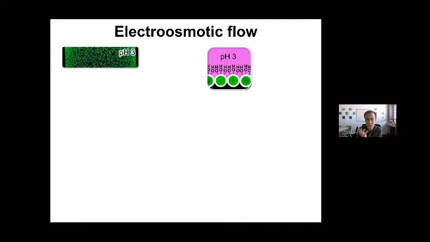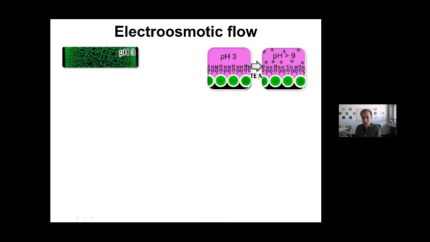So Alessio uses electroosmosis to flow water through the bijel structure. But for electroosmosis to work, the silica particles, here fluorescently labeled in green, need to have a surface charge. When we make the bijels, that is at pH 3, the silica surface is usually not charged because most of the silanol groups are protonated.